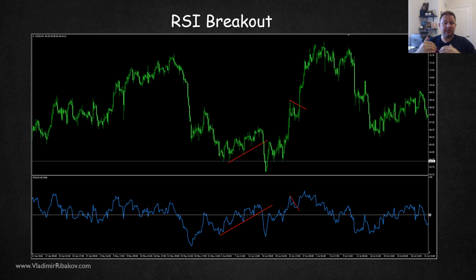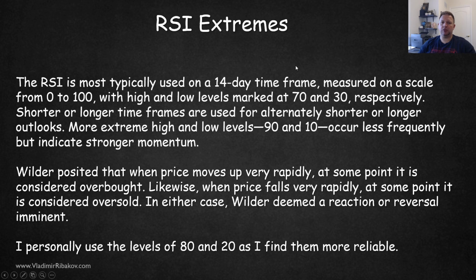So the breakout itself is a great representation by the relative strength index value and the price movement. That's good. But when you can combine not just the very current breakout, but the whole price movement before the breakout happened, you have much more value in it and better chances to be right. So it's very important to understand that.